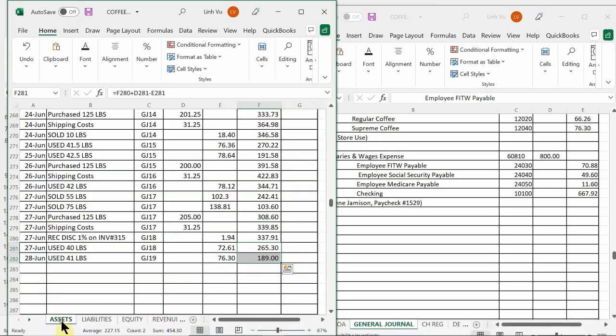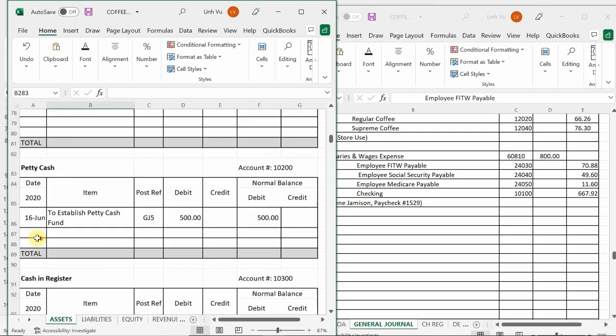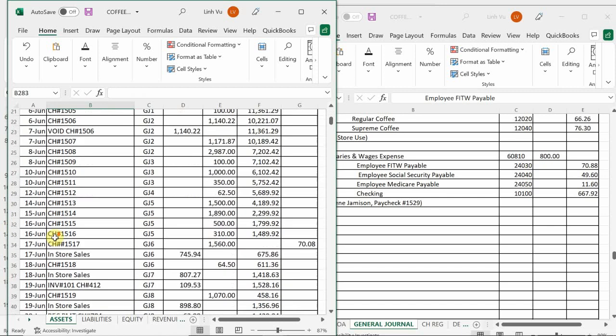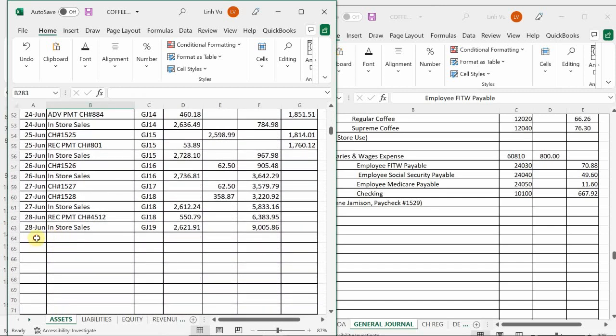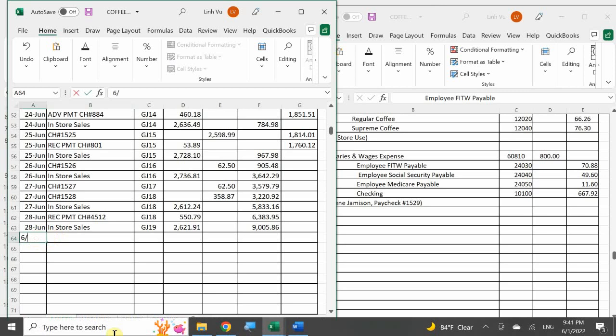So in this case, we're going to update our checking account, because we issued her a paycheck. Paycheck number 1529 for a total of $667.92.